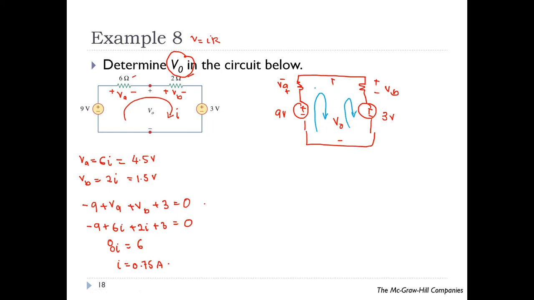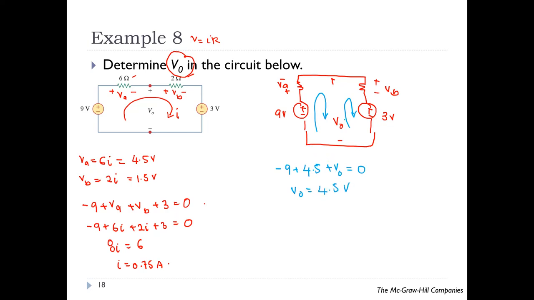Or if you want to apply KVL for this part of the network, the equation is, you will see negative terminals first. So minus 9 plus VA, which is 4.5, plus V0 equals to 0. So V0 is equals to 4.5 volt.